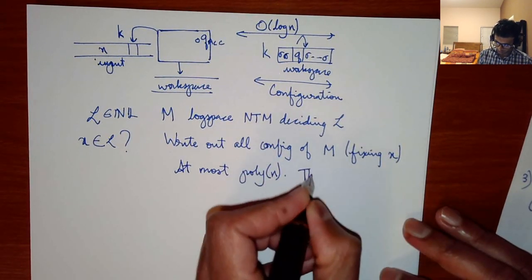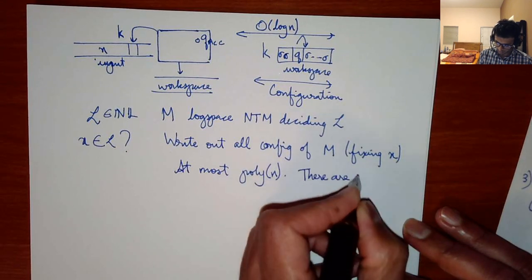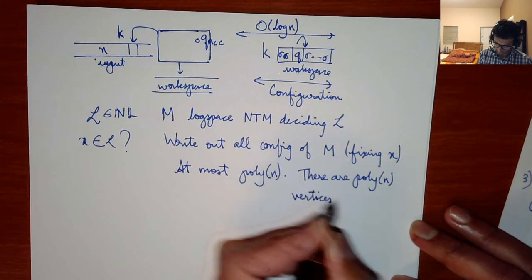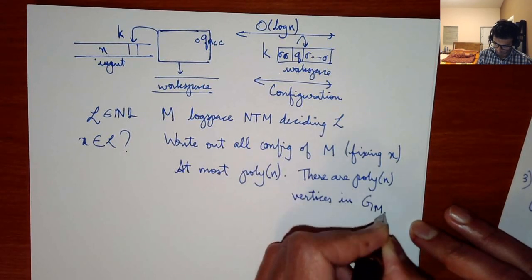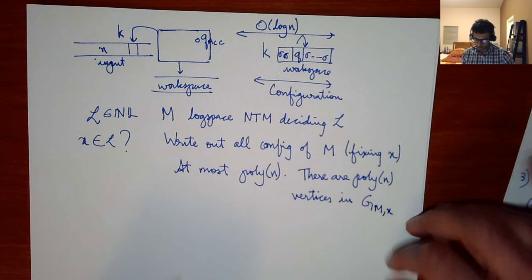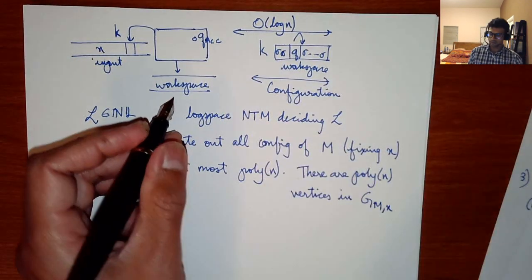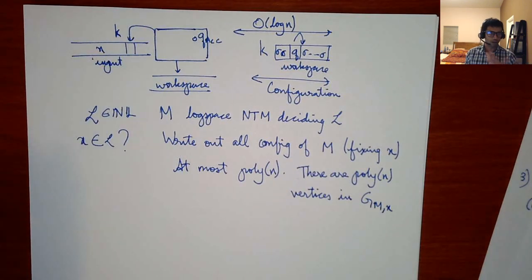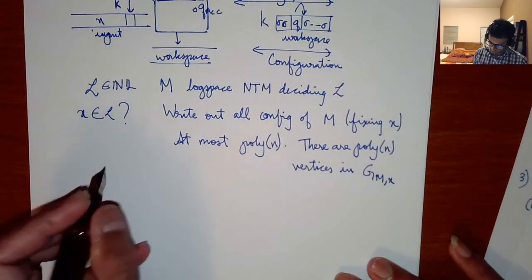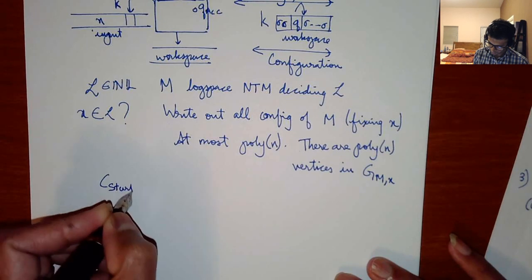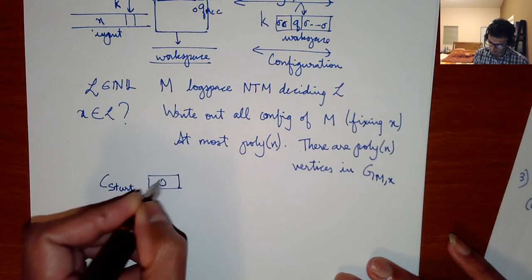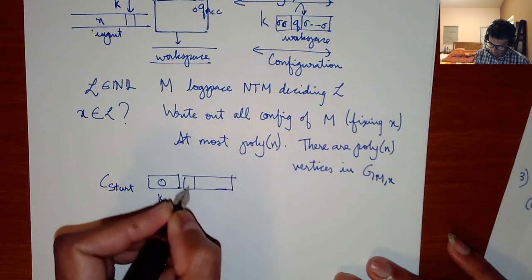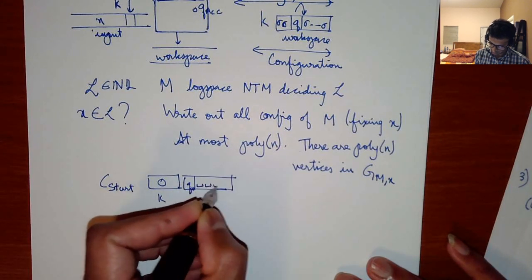So there are poly n vertices in this configuration graph G_{M,X}, and the start configuration is some specific configuration, where K might be 0 and the workspace is probably empty, all blank. So C start is something like this: this is 0, this is the index K, and then maybe you have the start state Q0, and then you have all blanks.